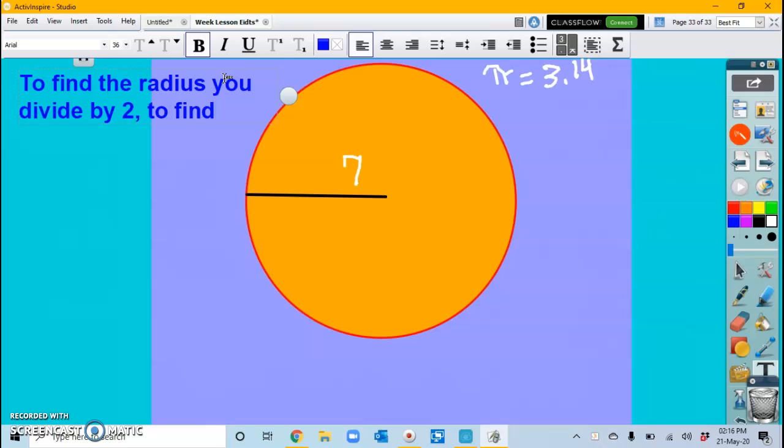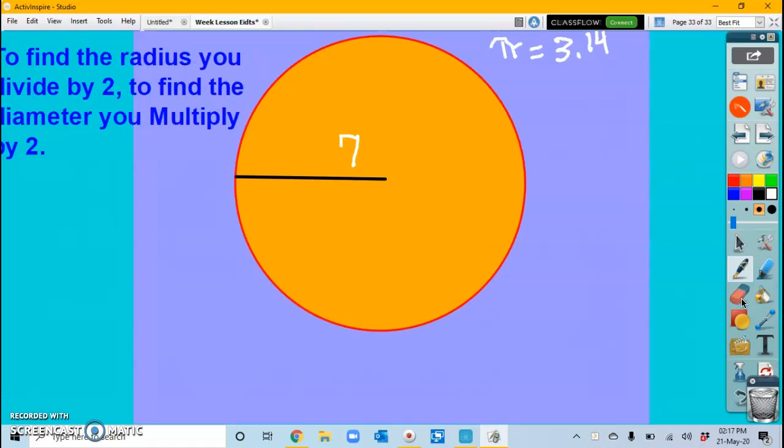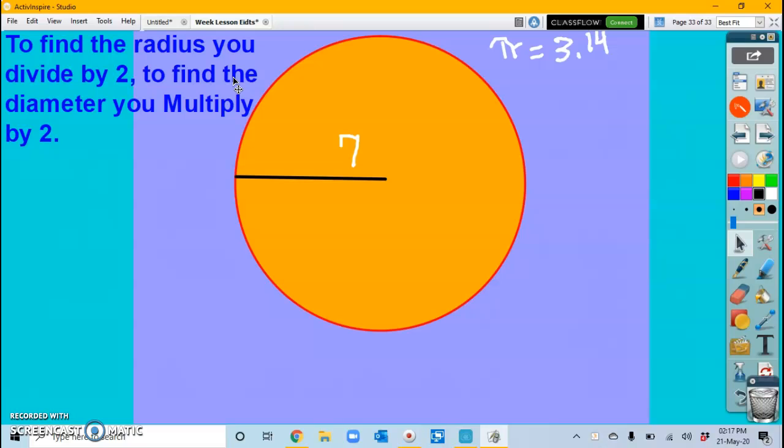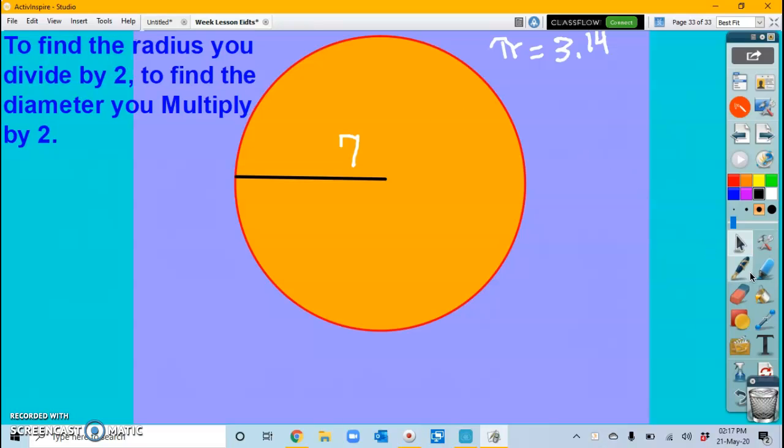To find the diameter, you multiply by 2. Sorry, got a little confused here. But here are your rules. To find the radius, you divide by 2. And to find the diameter, you multiply by 2.